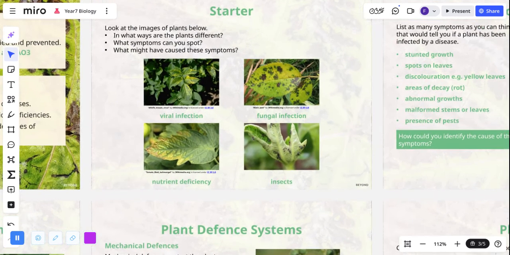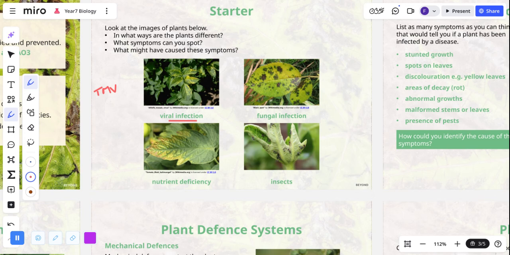And there are three different ways of looking at different diseases. Three, not just diseases, three different effects on plants. The first one is viral infection. We tend to, at pre-GCSE and Key Stage 3, look at TMV. This is tobacco mosaic virus.